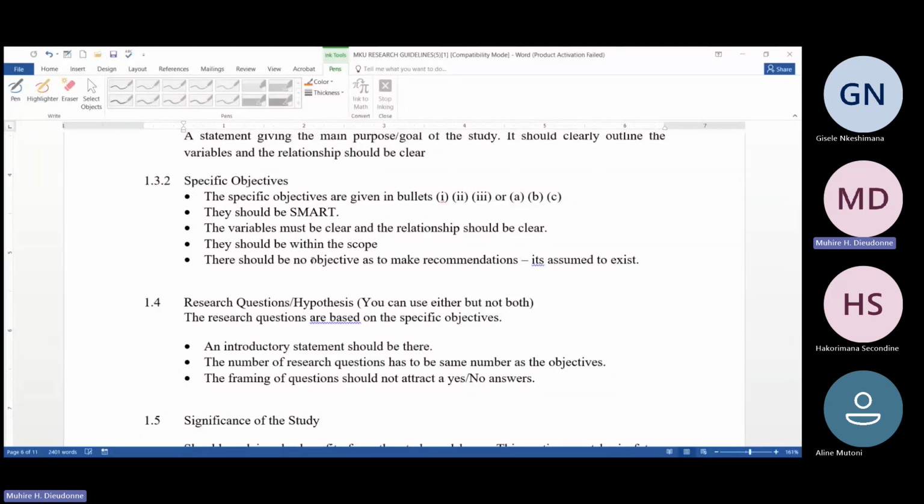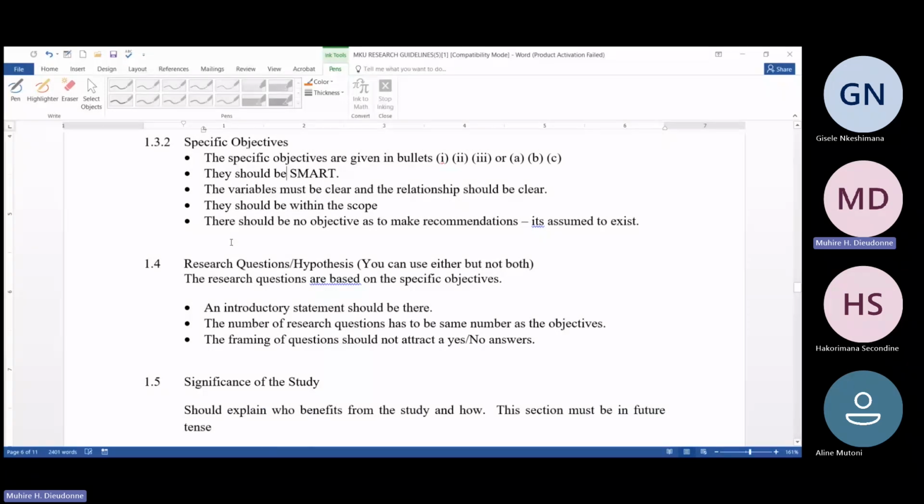Then you will split into specific objectives, which must be shown in numbers 1, 2, and 3, or A, B, C, D. They should be SMART: specific, measurable, achievable, realistic, and time-bound. Also the variables must be clear, and the relationship should be clear. They should be within a scope. Then there should be no objective to make a recommendation.